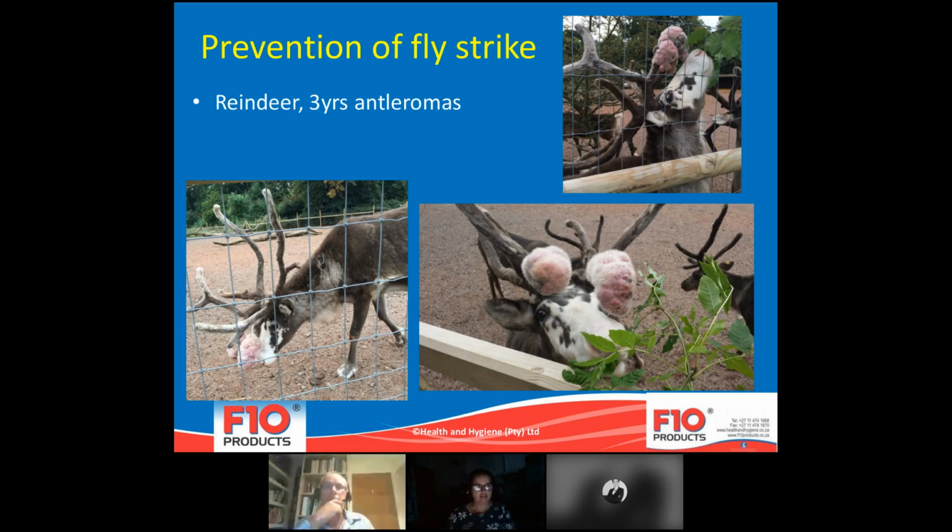Also, as you can see in this particular one, it was starting to interfere with his vision because he had to lift his head up to see behind these large antleromas. Normally you don't want to remove the antlers when they're in velvet, but we did do that in this case. And in subsequent years, we injected with testosterone just to make sure the normal antler cycle took place.